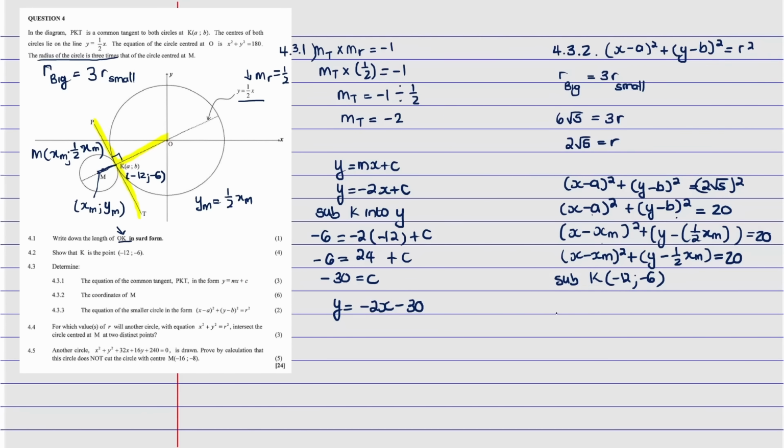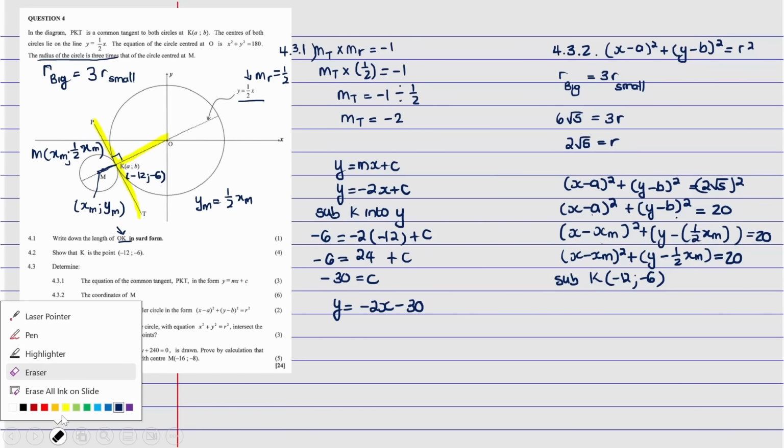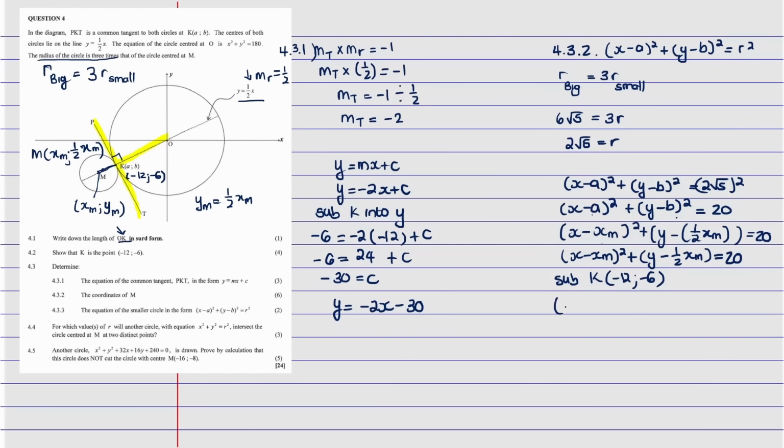You're going to get negative 6 minus XM all squared... not negative 6, it's going to be negative 12. So negative 12 minus XM all squared, plus negative 6 minus 1 over 2 XM. Remember that this one is squared.